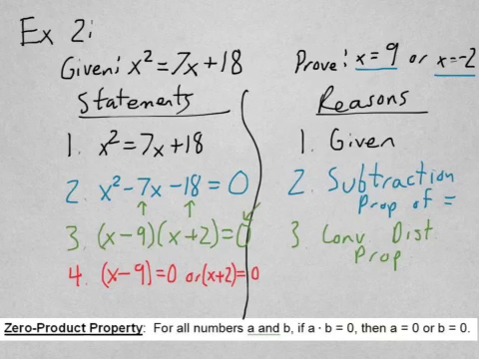This is because of the zero product property, which says that for any two numbers, if a times b equals 0, so again, if two things multiply to give 0, then either a has to be 0 or b has to be 0. So we know that either x minus 9 has to be 0 or x plus 2 has to be 0. Then we can set about figuring out what makes those things 0. Okay, so I'm using the zero product property here.